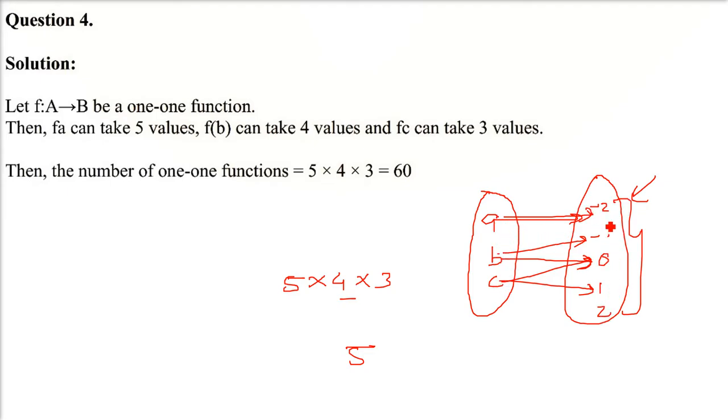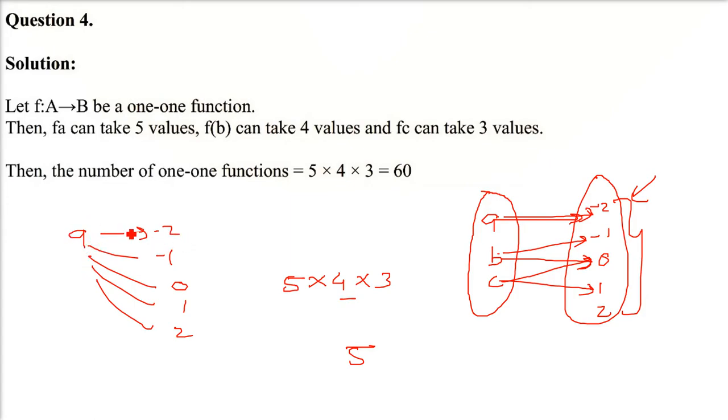Just assume that A is mapped with, say, 0.